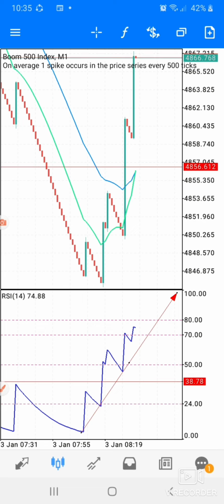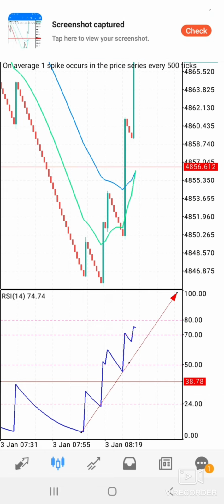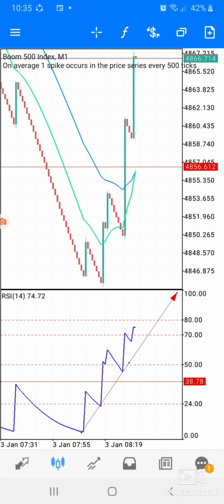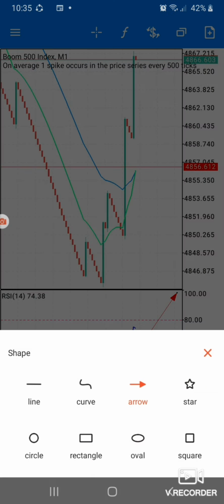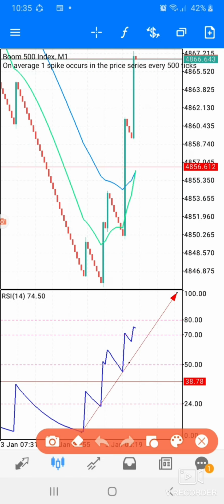So how this works is this: you're gonna use the first two spikes. You will not be able to catch these first two spikes. They are there so that you draw your trend, but definitely you'll be able to catch the third and the fourth spike. I'm talking about this spike, this area where there was a key reversal.